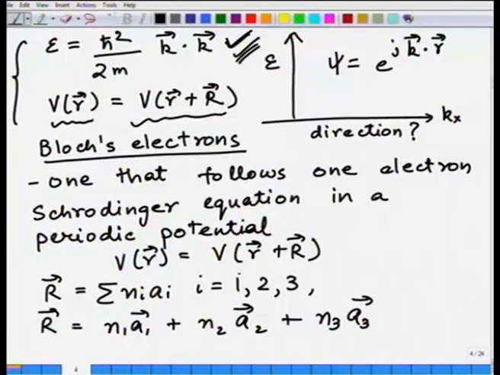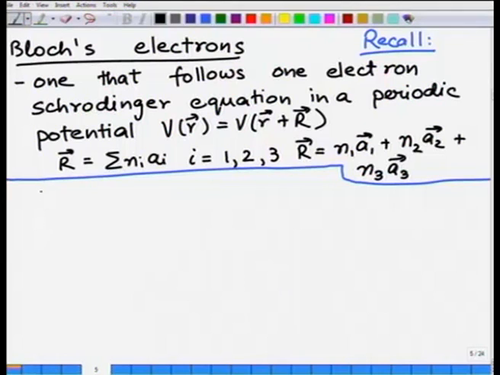Now, Bloch's theorem says that the solution to such a problem, remember the free electron solution was this. Now the question is, if you solve the one electron Schrodinger equation in a periodic potential, whatever that potential is, we do not know what the potential is, just that it is periodic and has the periodicity of the direct lattice, then what is the solution?